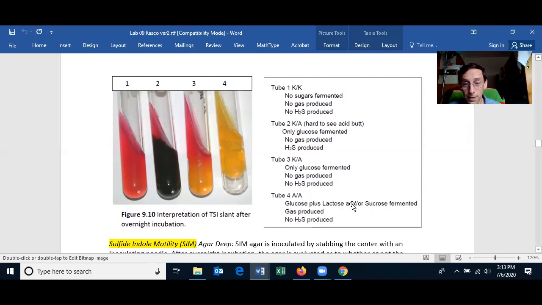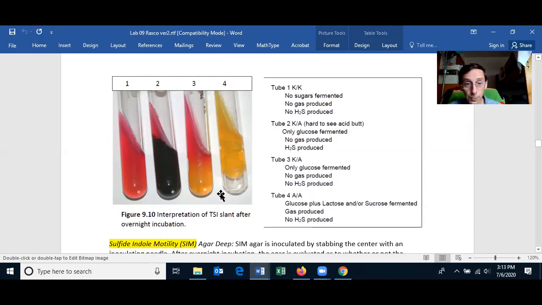You can't determine that. So on this test here, we can say that glucose is fermented because it turned yellow, and lactose and or sucrose are also fermented because it's yellow both in the butt and in the slant.